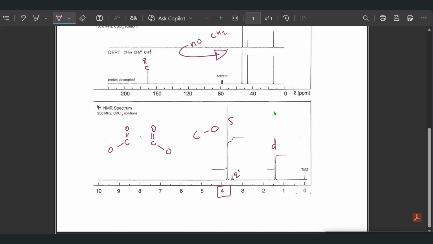Is a quartet, so N equals 2. Here N equals 1. Here N equals 0. And the IHD was only 2. And there's no CH2.